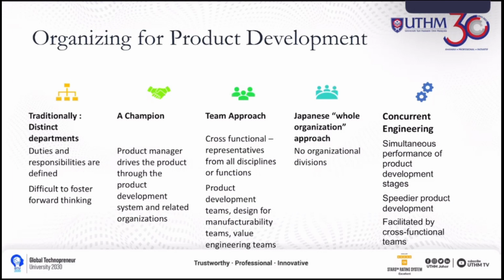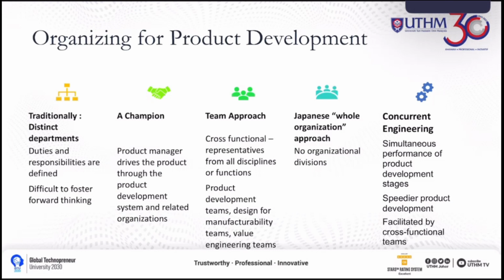So the responsibilities are defined, but it is difficult to foster forward thinking. Those are the disadvantages of this structure. The second structure is what we call champions, which is a product manager. They drive the products through the product development system and related organizations.